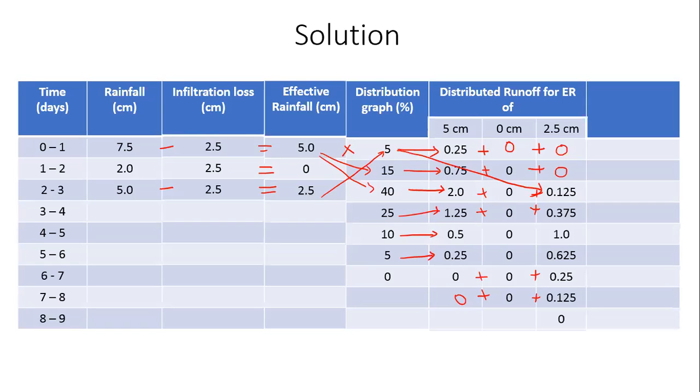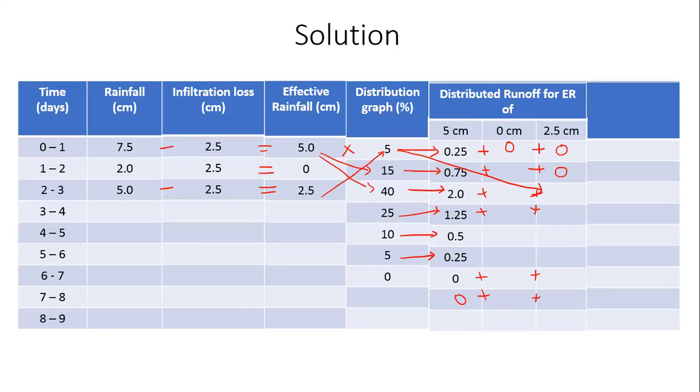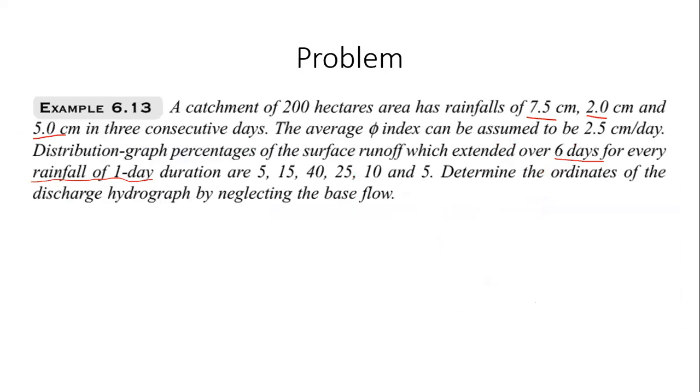You can always convert it back to a volume or a rate, because you are also given the area of the watershed. Let me just go back. So the area of the watershed is given, 200 hectares. So if you know the runoff depth, how do you get volume of runoff?